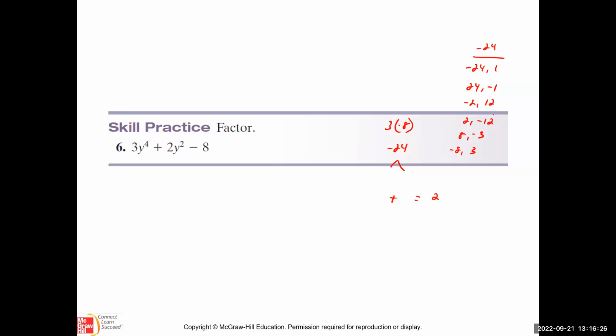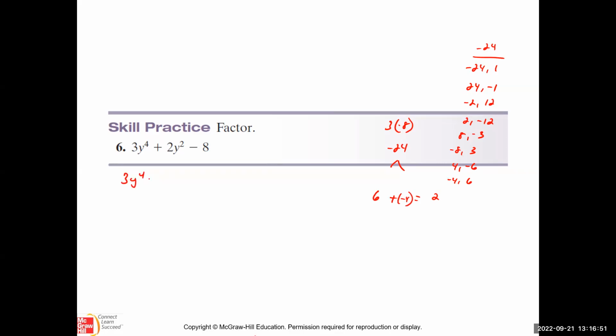So we'll go down the list here to see if we can get to some value. Here we have 4 and -6, and then -4 and 6. So -4 plus 6 is going to be a positive 2, so it's going to be 6 and -4.